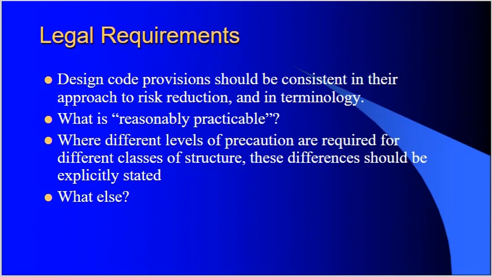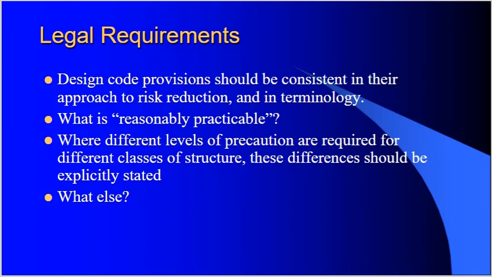So, to satisfy these legal requirements, design code provisions should be consistent in their approach to risk reduction and in terminology. They should also consider what is meant by reasonably practicable. It may seem obvious what that means, but when you look at particular cases, it's perhaps not so obvious.